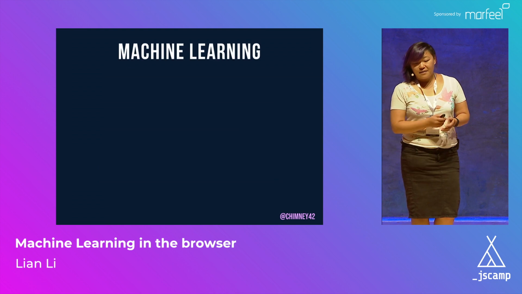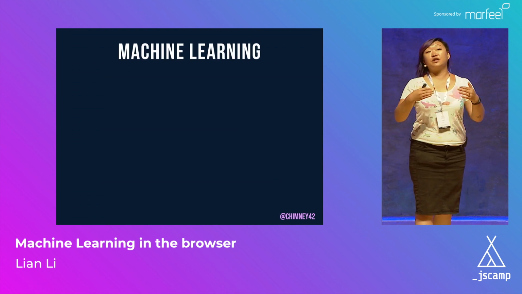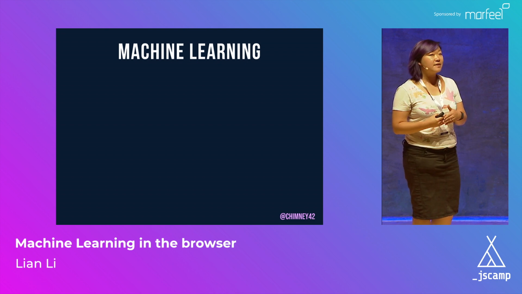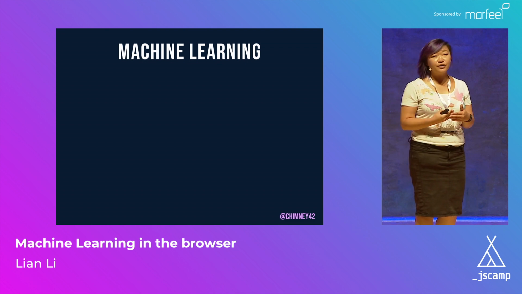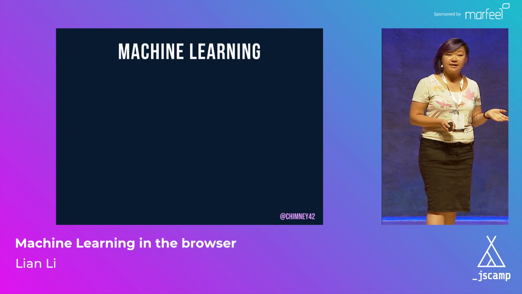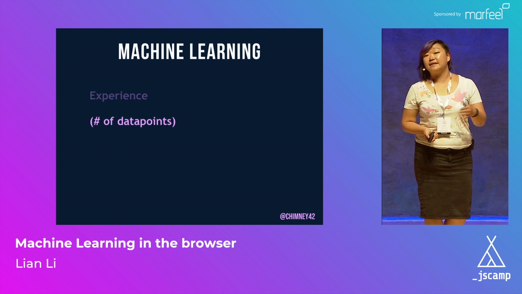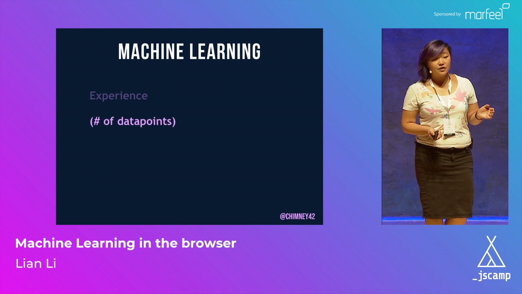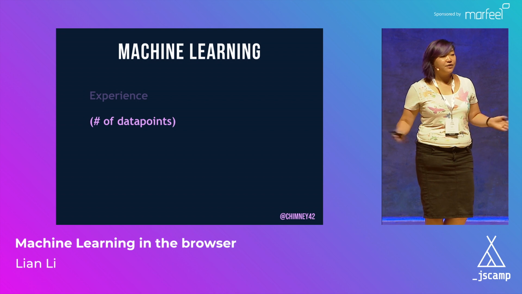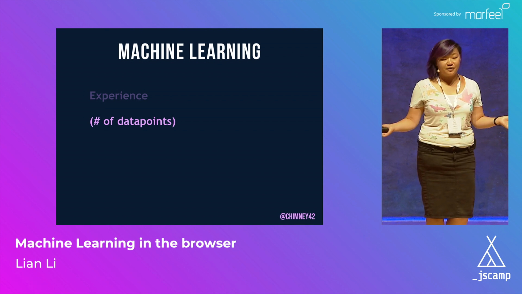So machine learning, right. The way that machine learning actually learns is quite similar to how we as people learn, or how every living organism learns. One thing that's very important is the experience. Experience in this case would be the number of data points. So if you have a lot of different data points, you have a lot of different, broad experience.